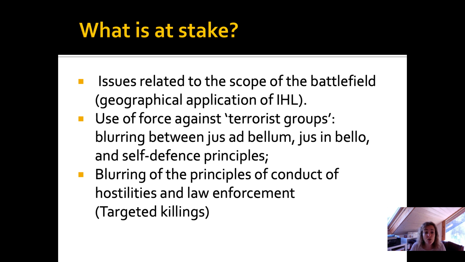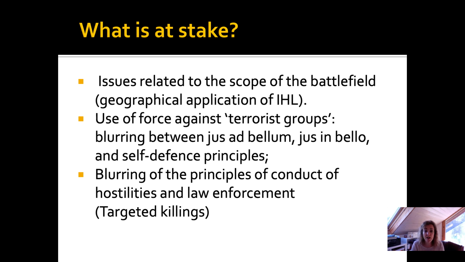There is also a blurring with regard to the use of force against so-called terrorist groups, and it blurs the distinction between jus ad bellum, so the legitimate resort to armed force against an attack committed by a so-called terrorist group. Here, a clear example would be the reaction of some states when the Islamic State conducted attacks in France and in Belgium.